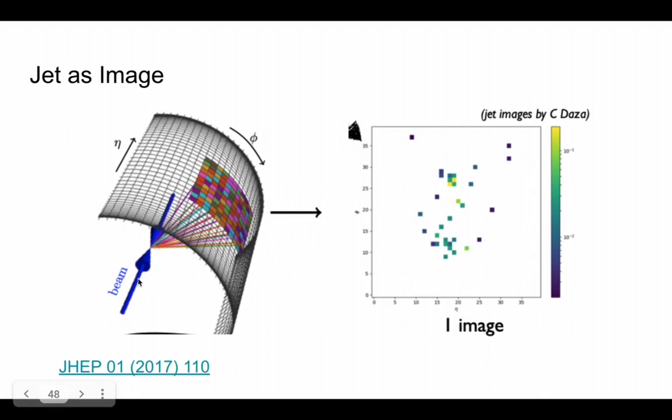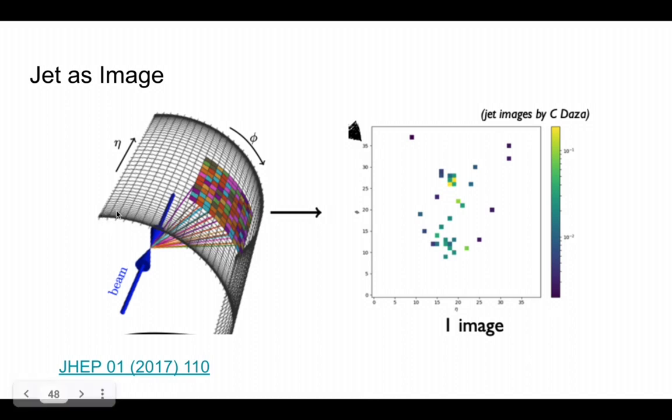How can we translate the jet physics into image processing? When we have a collision, a quark can produce a spray of particles, and those hadrons will be detected by the detector. The detector is three-dimensional. It looks like a cylinder.